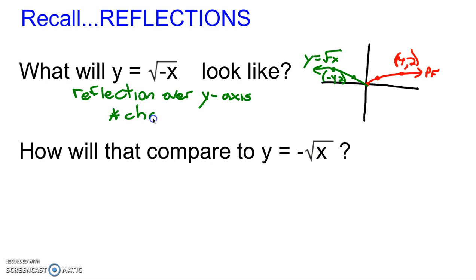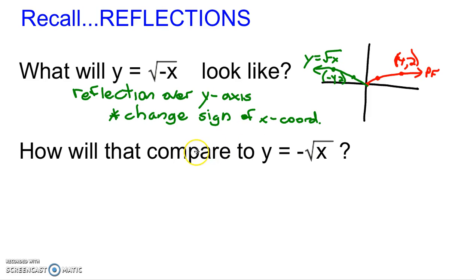And that's important because when we look at this equation, we notice that this negative is happening to the x. It's saying do the opposite of x. And so that's a huge reminder for you to go and pick a point on your parent function and then change the sign of the x coordinate and plot that new point. And then you have an idea of where your new graph is going to go.